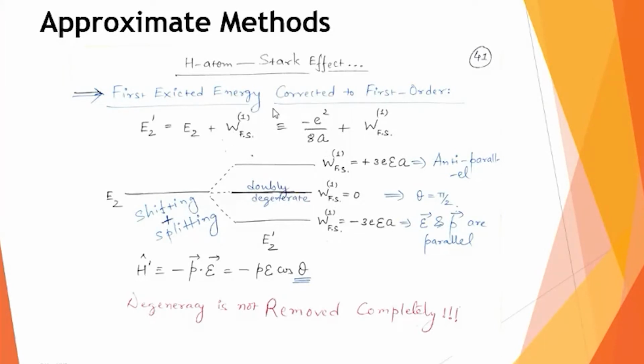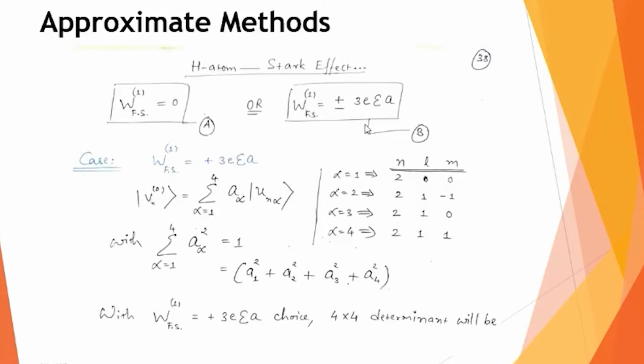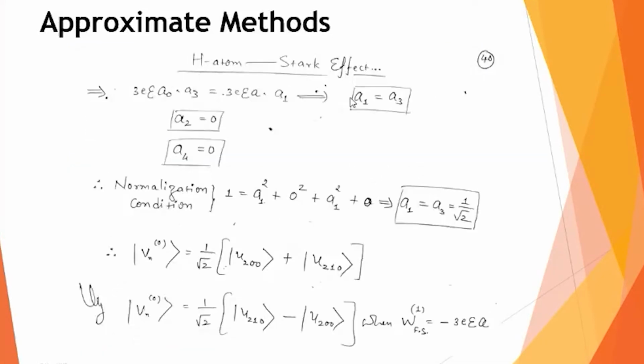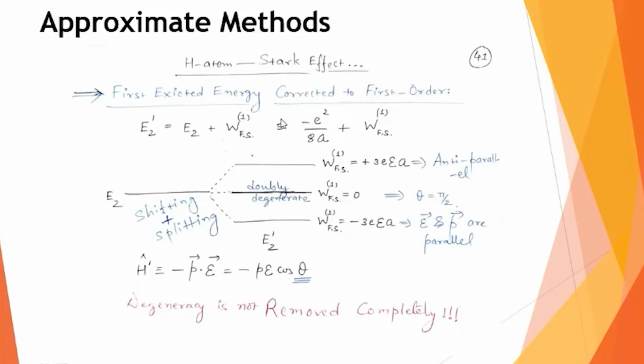In that, I will now be adding the first order correction which I have obtained here. It can be either 0 or a plus or minus value. So if I add 0 to this E2, the unperturbed part, it will remain the same.